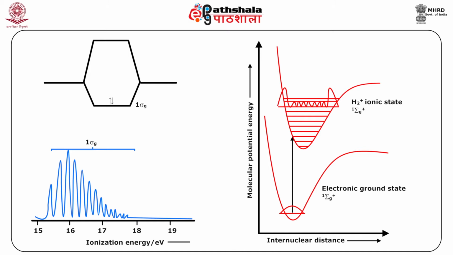The corresponding ionization energy, 15.83 electron volt, is called the vertical ionization energy and is higher than the adiabatic ionization energy, which is the lowest energy required to ionize the molecule without changing the vibrational energy. Here some vibrational energy change is also there, and that is why it is higher.